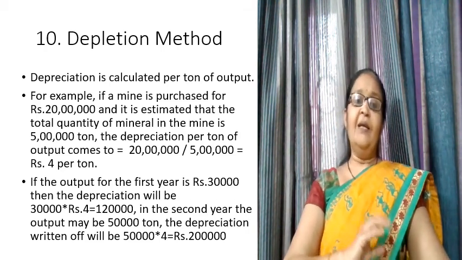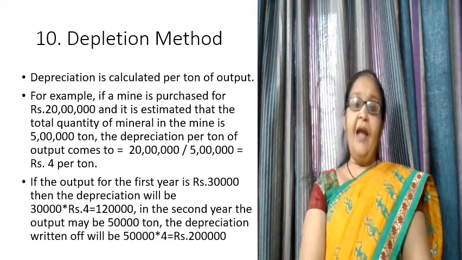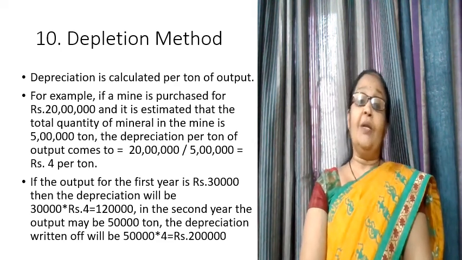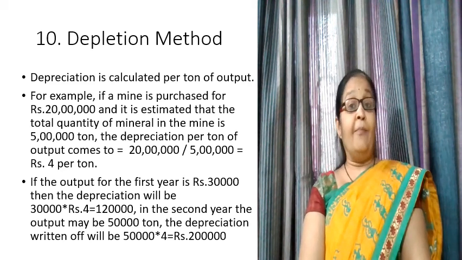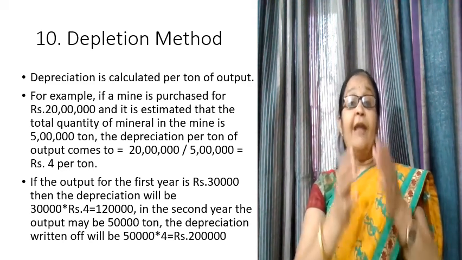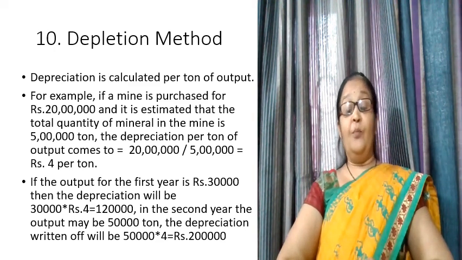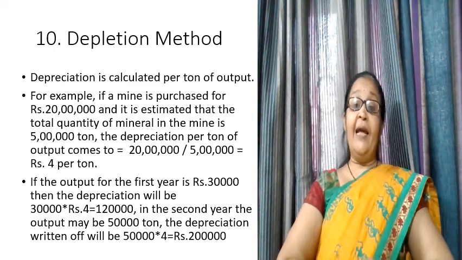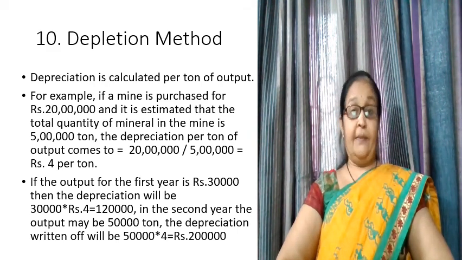For example, if a mine is purchased for rupees 20 lakh and it is estimated that the total quantity of mineral extracted from that mine will be 5 lakh tons, the depreciation per ton of output comes to 20 lakh divided by 5 lakh, that is rupees 4 per ton.